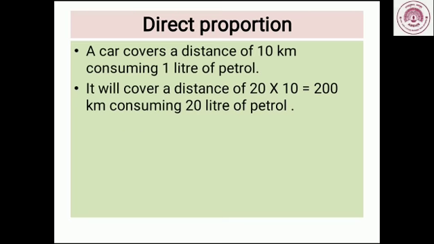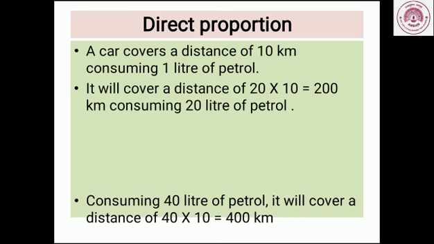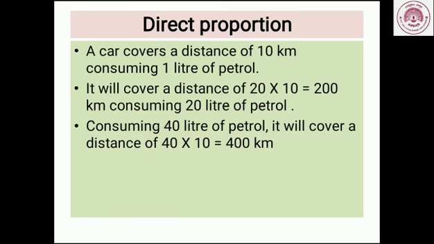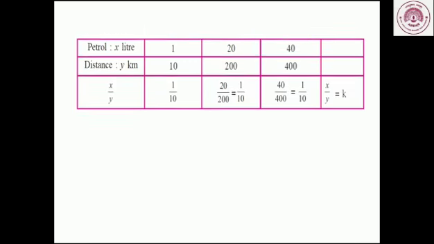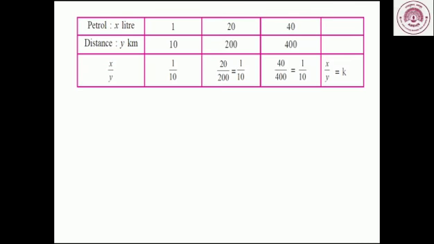So it will cover a distance of 20 multiplied by 10, that is 200 km, consuming 20 liters of petrol. Similarly, after consuming 40 liters of petrol, it will cover a distance of 40 multiplied by 10 equals 400 km.